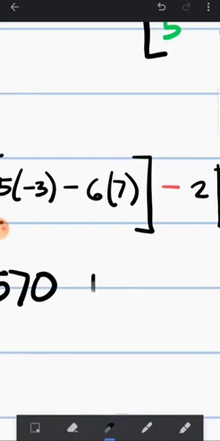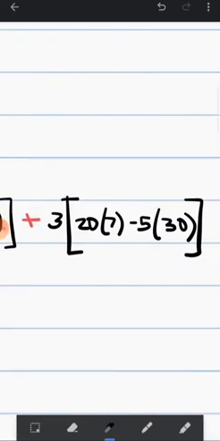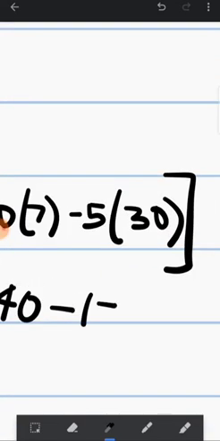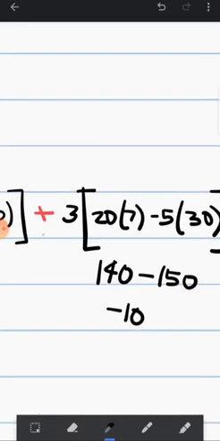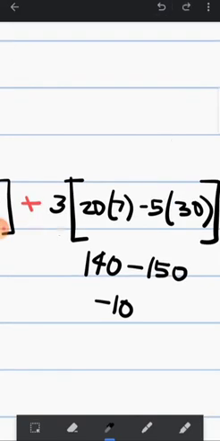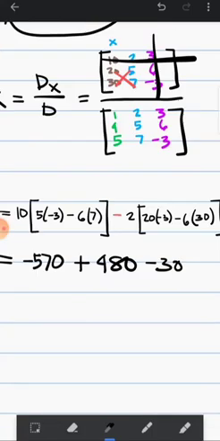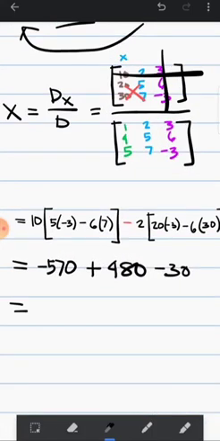So we'll put this positive 480. And then here we simplify this. 20 times 7 is 140. Then 5 times 30 is equal to 150. And so 140 minus 150 is negative 10, times positive 3 would be negative 30. So negative 570 minus 30 would give us negative 600.